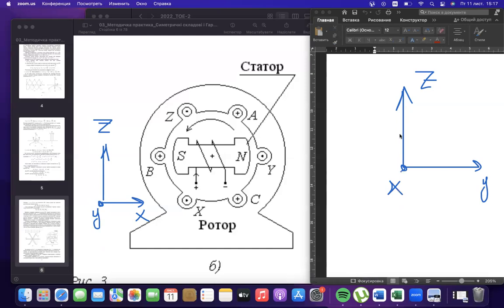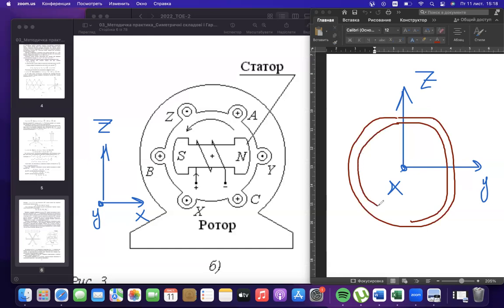It will be a wire that makes a circle, a metal wire. And we are looking at the cross section of one wire. Here it is, this cross section, and the cross section of the other wire.